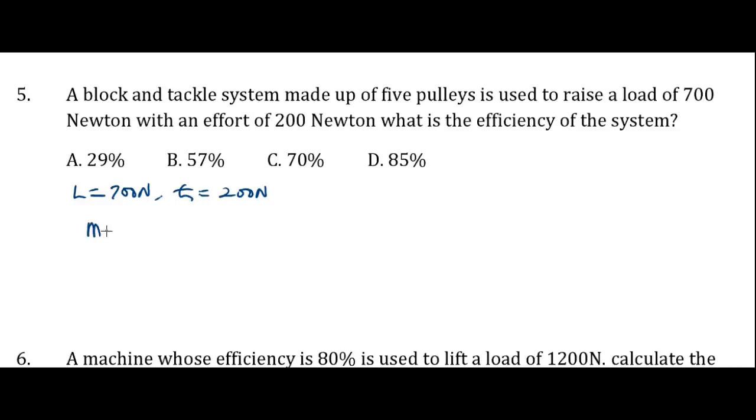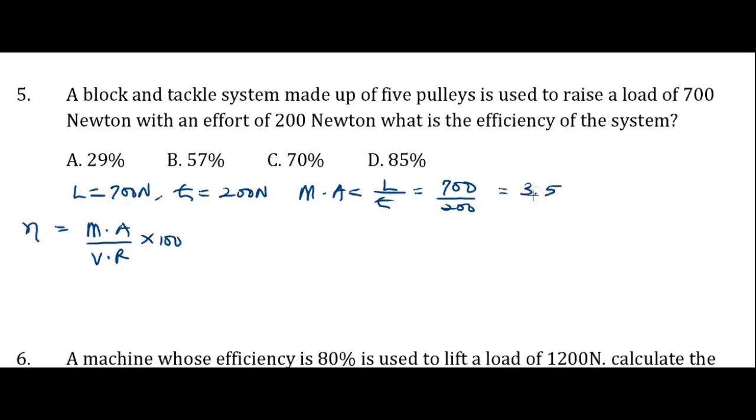You know that efficiency is mechanical advantage over velocity ratio times 100. Now, what is the mechanical advantage here? Load over effort, that is 700 over 200. 700 over 200 is 3.5.